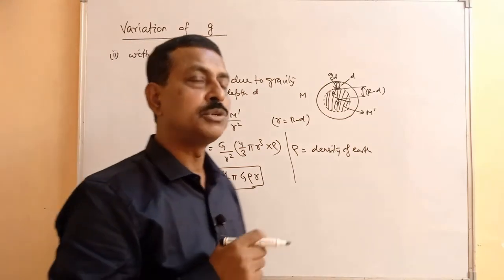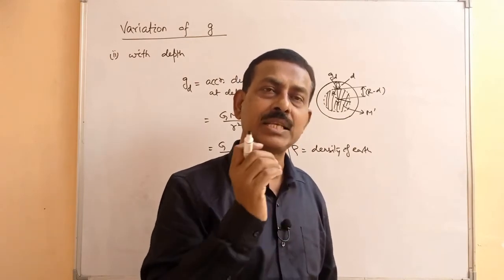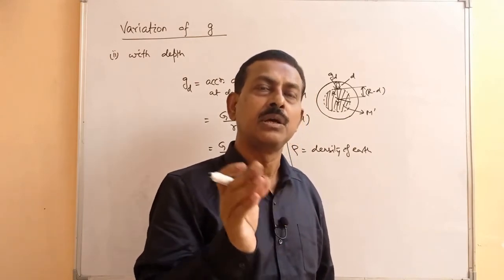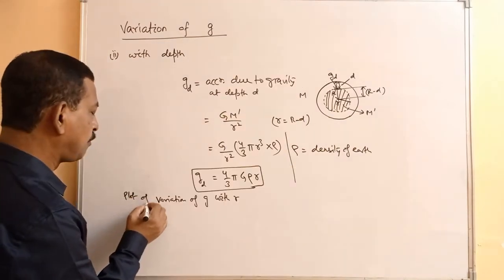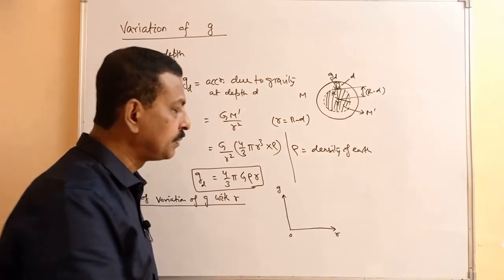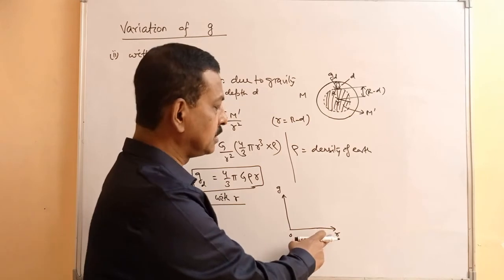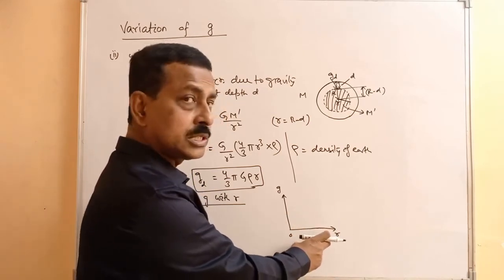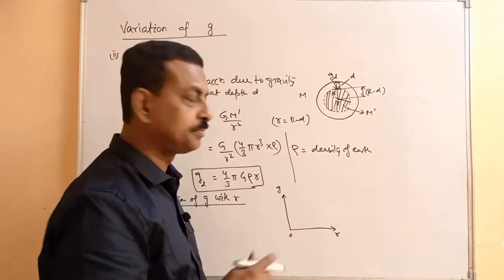One question which is often asked is to plot the nature of variation of acceleration due to gravity with distance. Basically, it is the plot of variation of g with distance. Here, on the x-axis we take the distance, and on the y-axis we take acceleration due to gravity.